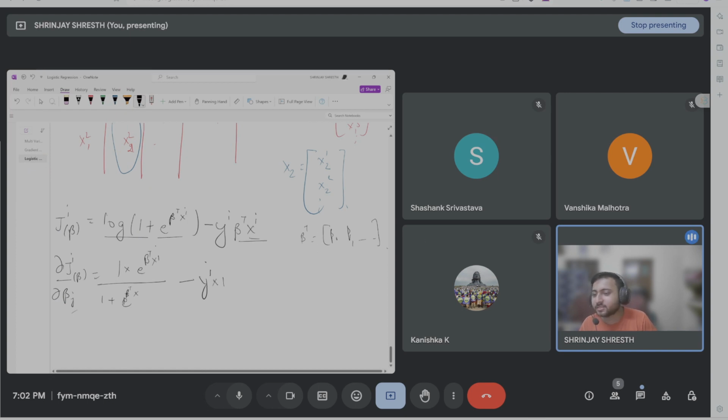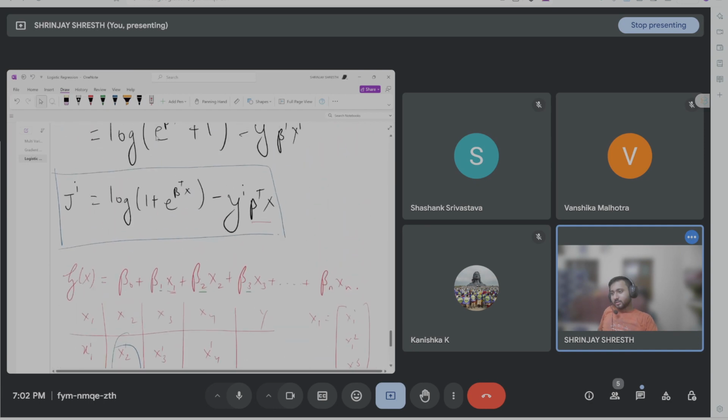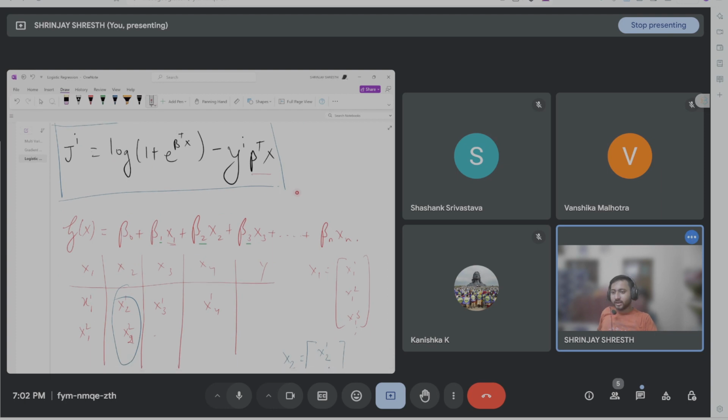Now xi is what? Xi is the entire set of features, right? Entire set of features.